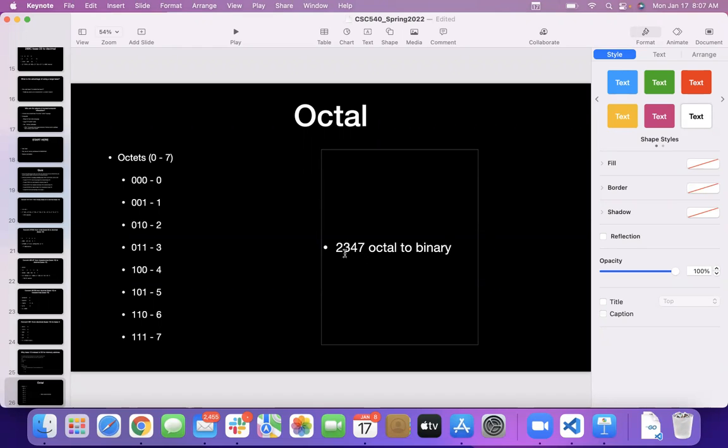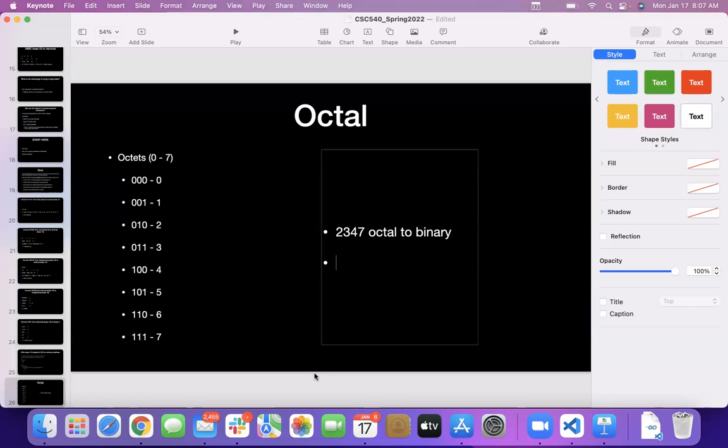Let's say I was asking you to convert 2347 from octal to binary. Up until this point, we would have first converted this from octal to decimal, using one of our two conversion patterns, and then used the other pattern to go from decimal to binary. Well, using octal and the knowledge that 3 bits fully represent every permutation of 3 bits exactly fits the octets of the octal numbering system.